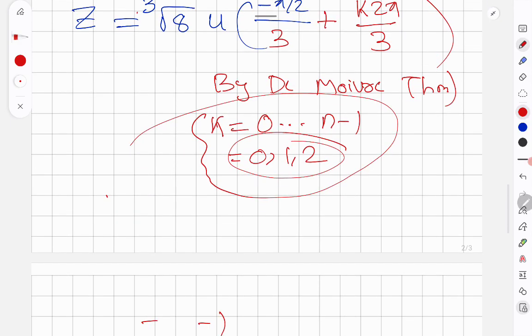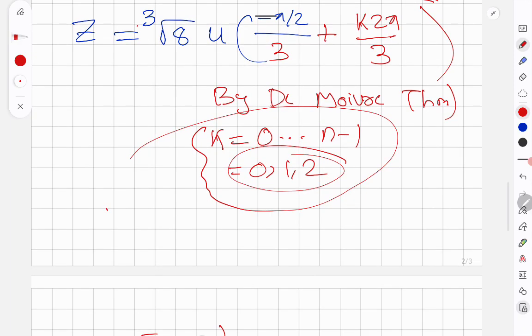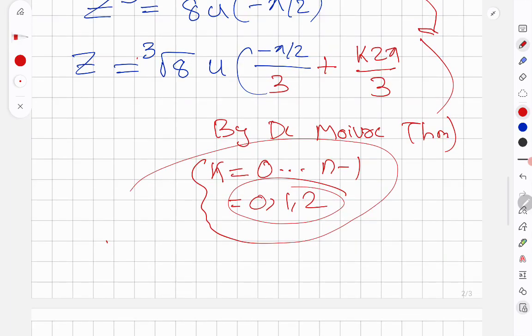Now the question got extremely easy from here. So my solution will be z equals cube root of 8 u, minus pi by 2 upon 3 plus, if you take k value 0, this is 0.